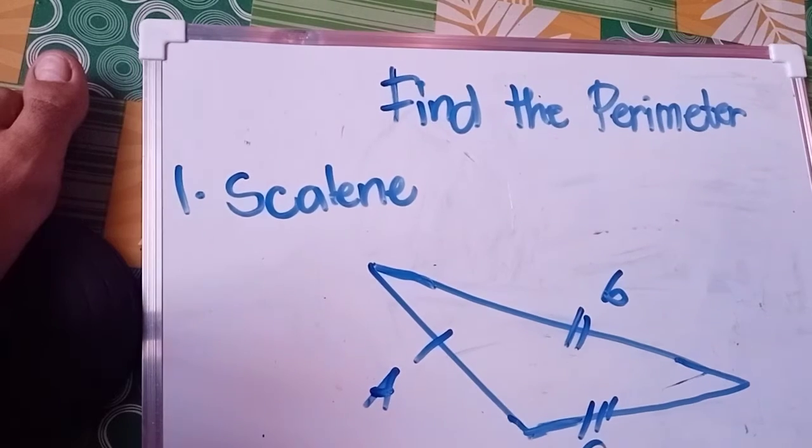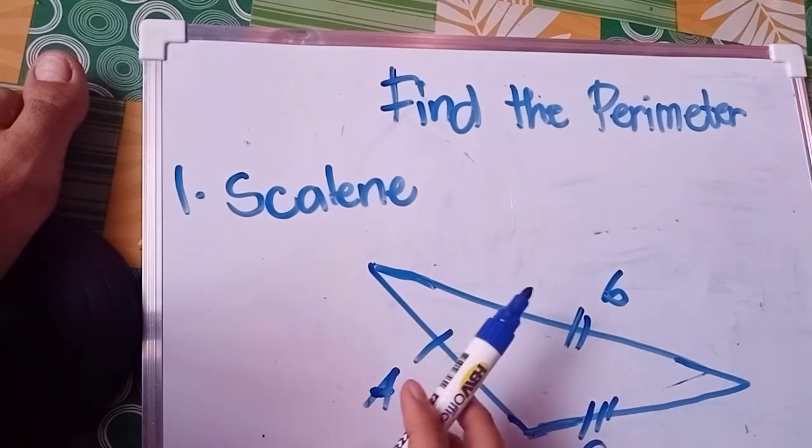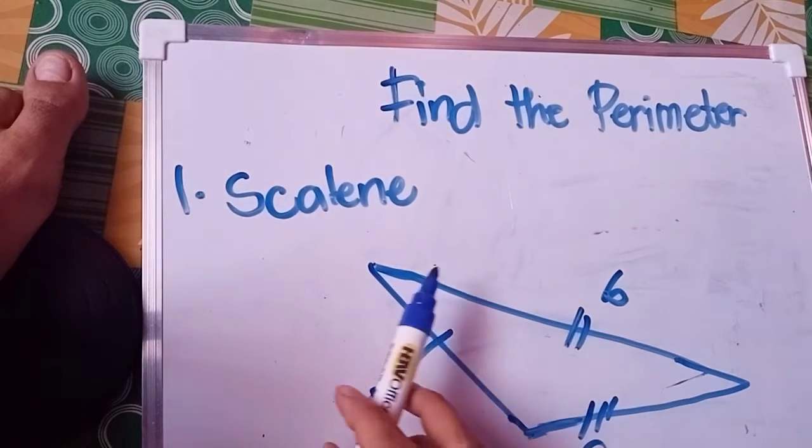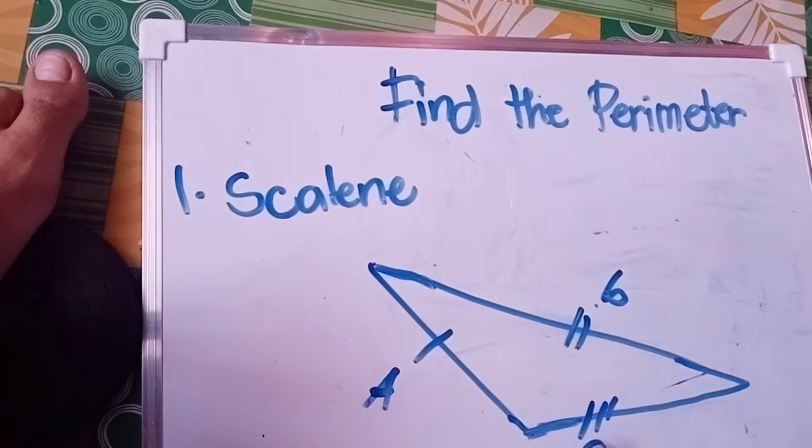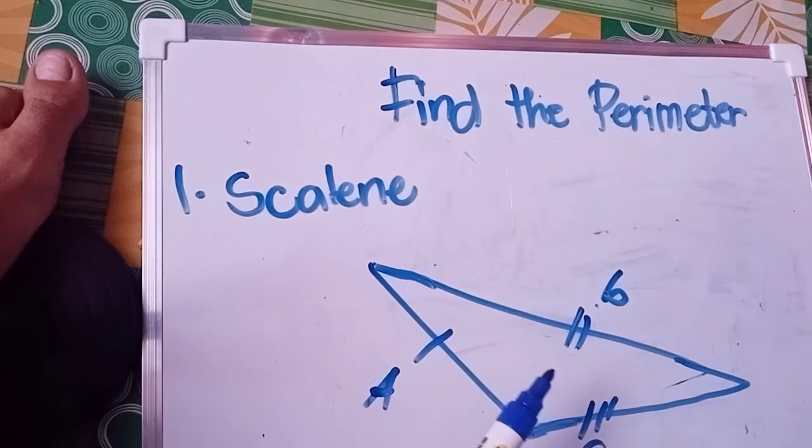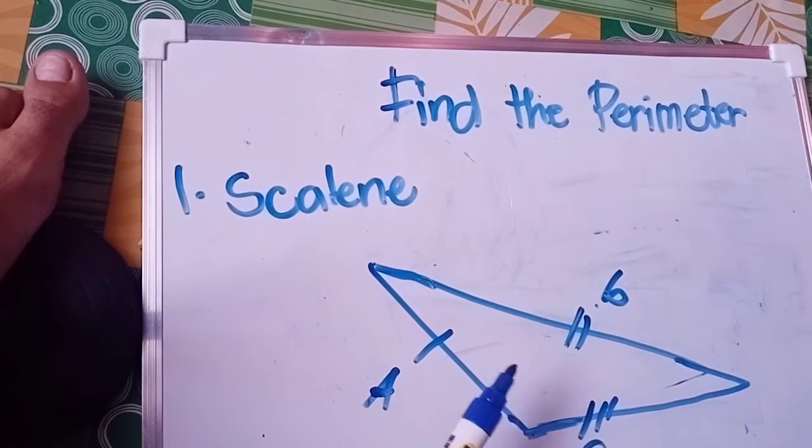A scalene is a triangle with all three sides different in length and all three angles different in measure. The angles in a scalene triangle can be acute, right, or obtuse, with the sum of interior angles always equal to 180 degrees.